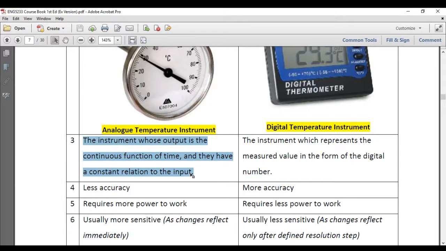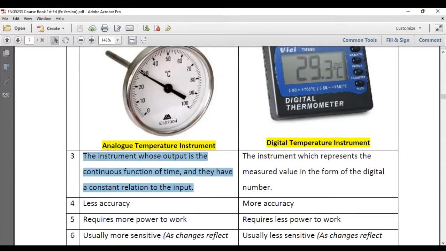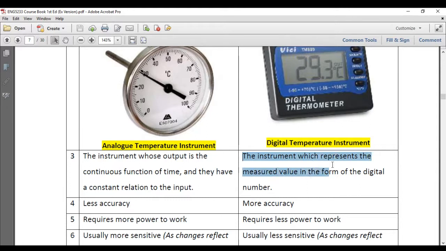It means on a time scale, as soon as your input changes, immediately your needle also moves. Okay. While the digital instrument represents the measured value in the form of digital number.